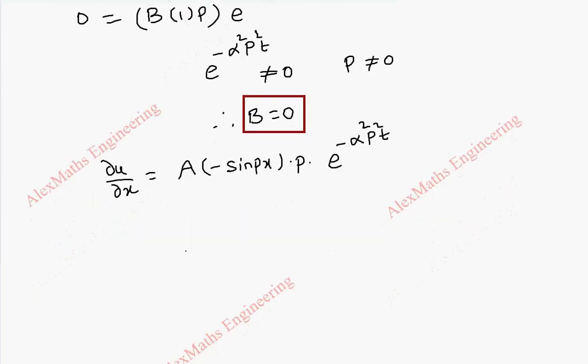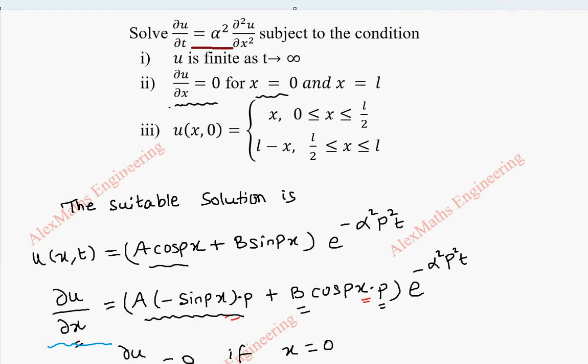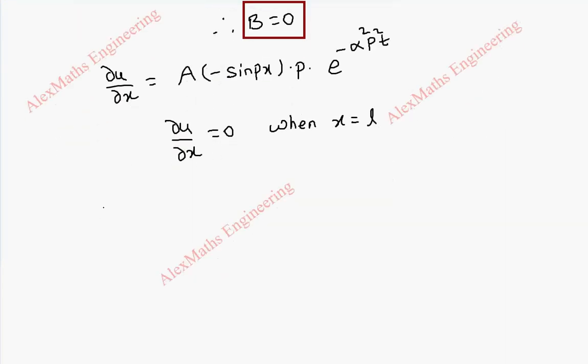Now we are going to use the second condition, that is ∂u/∂x = 0 when x = L. That is the second condition which we take from here. ∂u/∂x is 0 when x = L. So 0 = A into −sin pL p e^(−α²p²t).